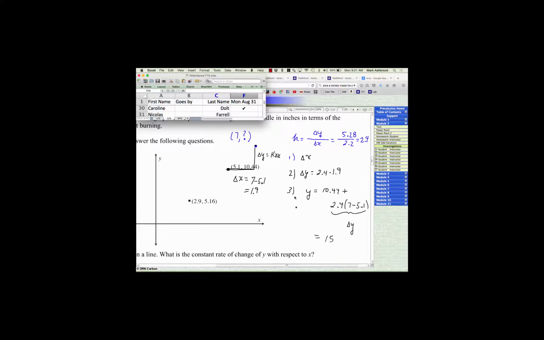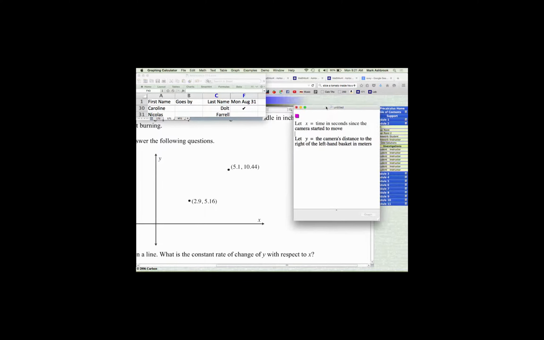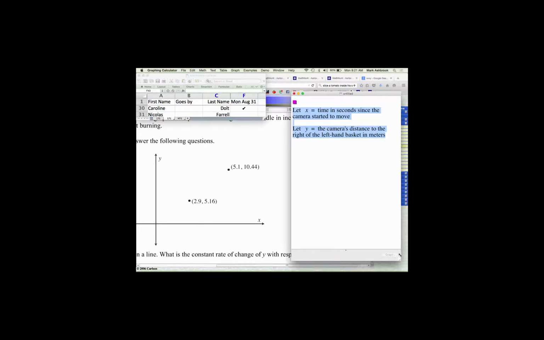Okay? So I want to put a context on this. Same 2 points. So now we got these points here.